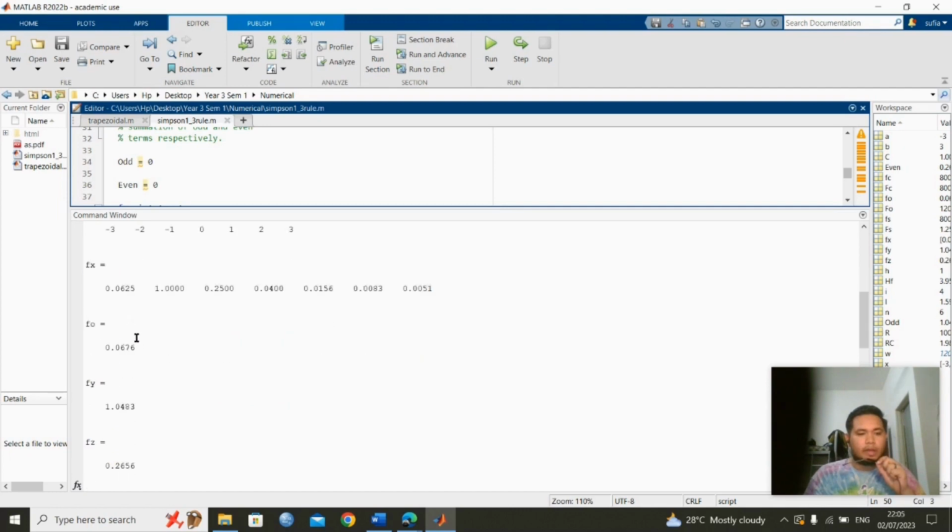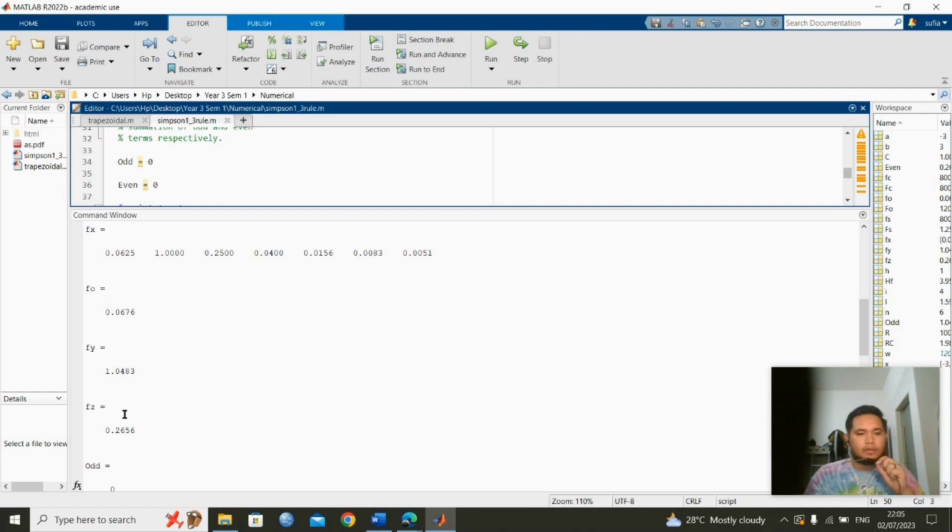From the table, f naught, fy, and fz will be the same after we add from the table. So odd will be the sum of fy, and even is the sum of fz. So the I value approximation of the above integral is 1.5973, the same as the manual calculation.